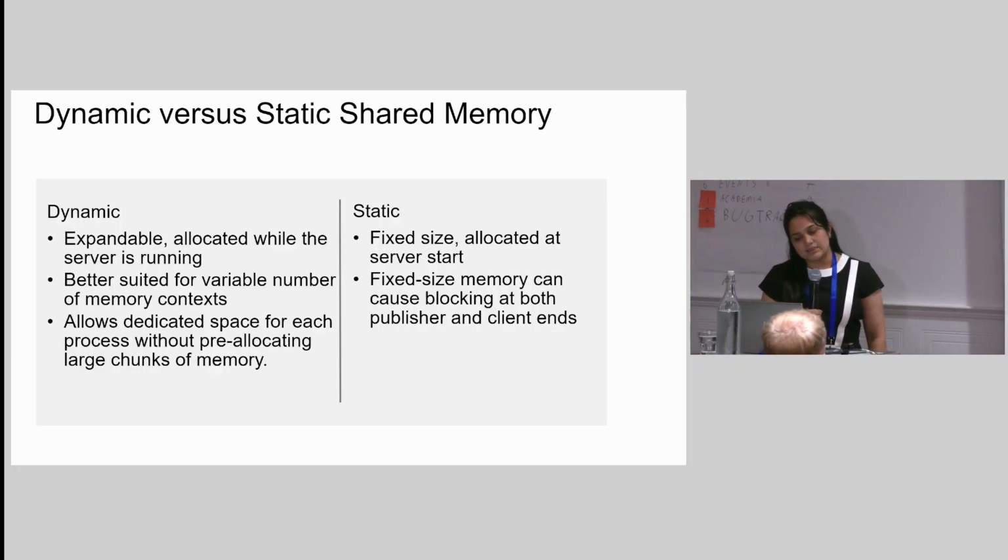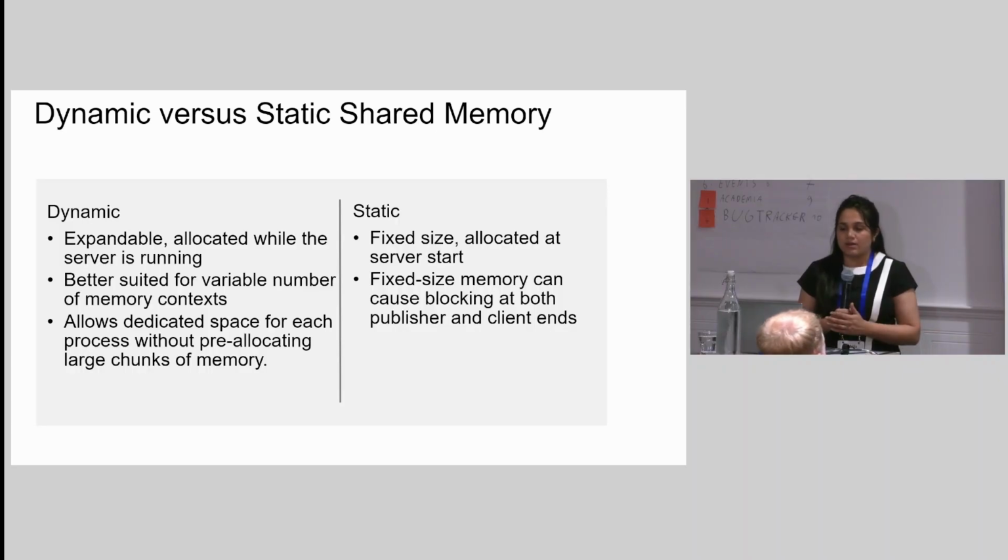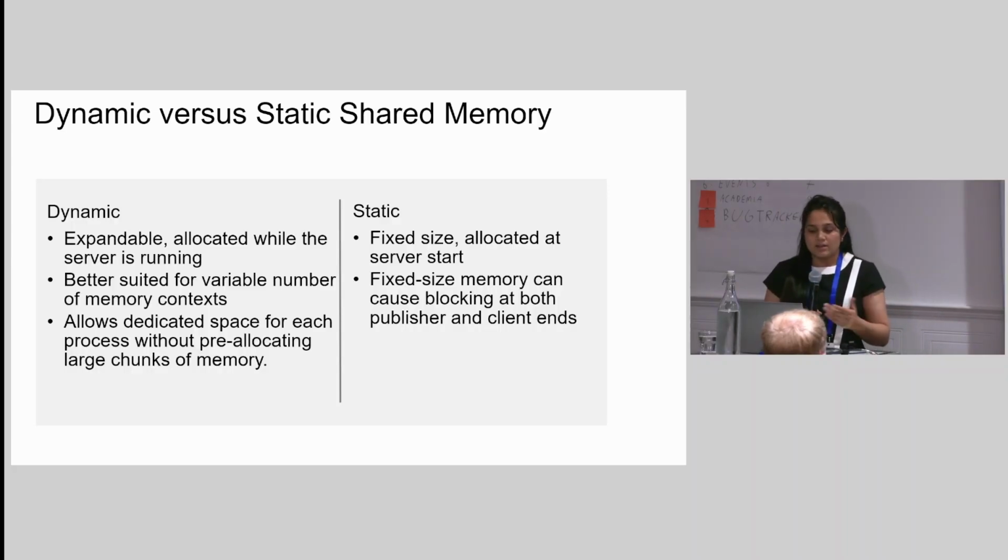So that's why dynamic shared memory is a better fit here. If you imagine something like static shared memory, it would have limitations, and if the stats that are published don't fit in that limited memory, then a process will have to wait for that memory to become available. So there would be wait times at both the publishing and the client side, which will impact the performance. So something like dynamic shared memory is a better fit here.